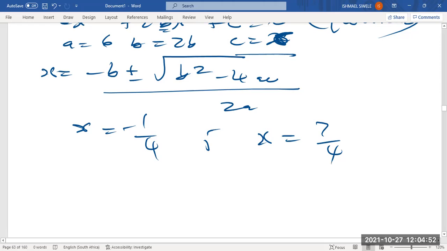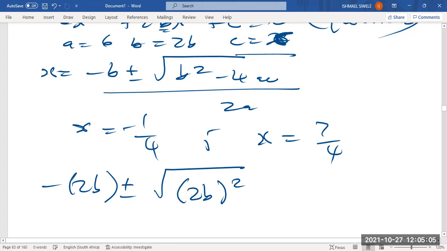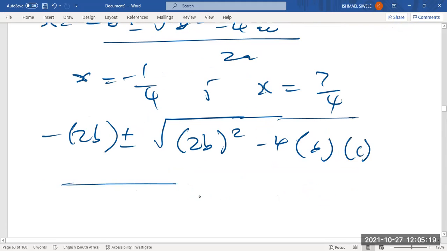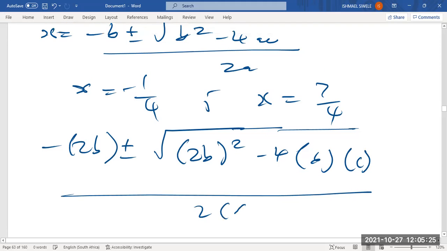Negative b, what is b? b is 2b here, right? Plus or minus the square root of 2b squared minus 4a, a is 6, and c is just c, divided by 2 multiplied by a, which is 6.